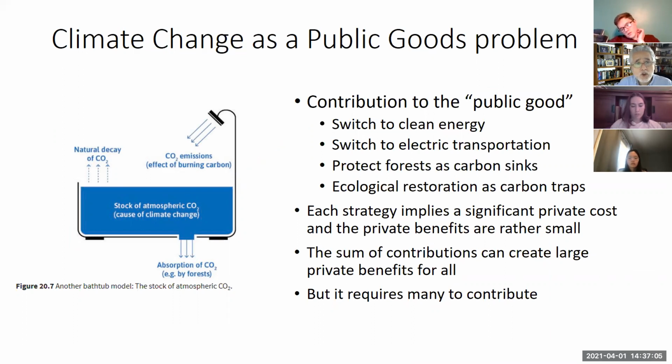It could be switching to clean energy. That is costly. There's an opportunity cost of doing that. Converting energy production plants that are already operating on coal, and coal is getting cheap. And when coal is cheap, we can get coal to produce energy at much cheaper rates and make those energy companies more profitable.